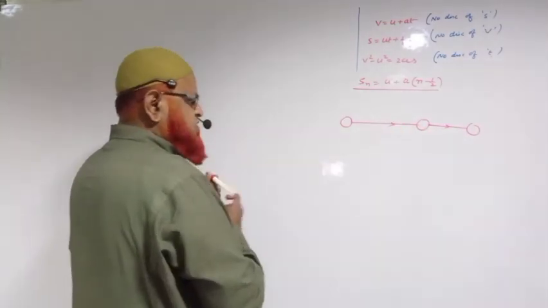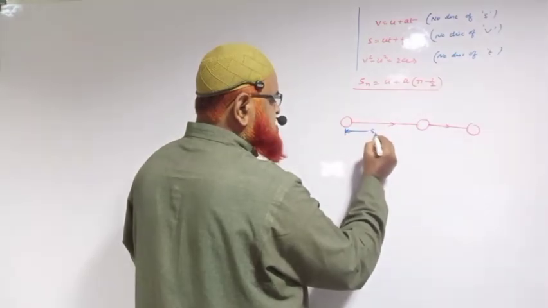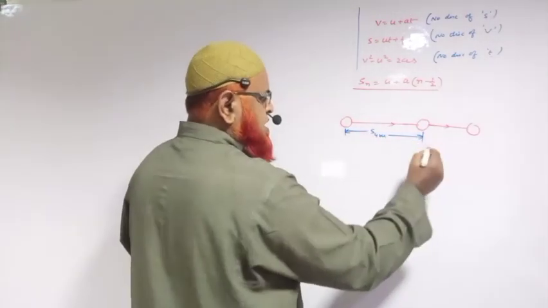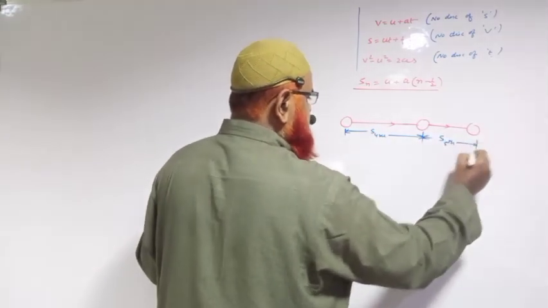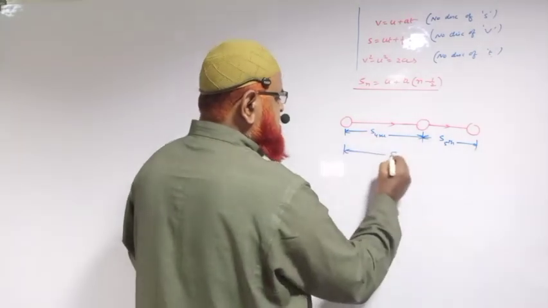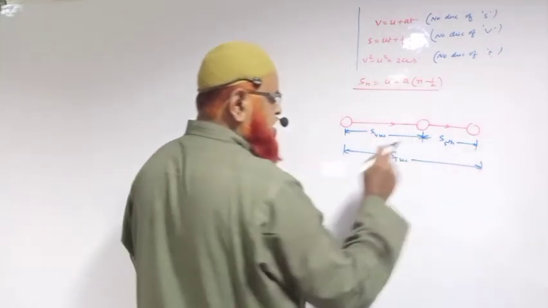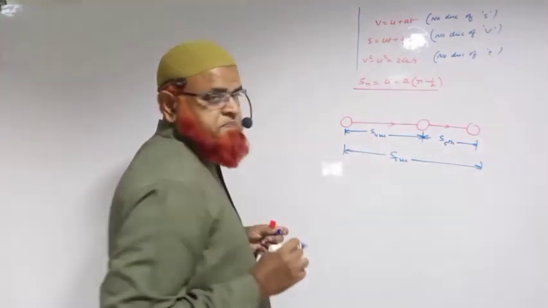In the first case, a body travels from here to here; that is the displacement traveled in 4 seconds. Next, this is the displacement traveled in the 5th second. And from here to here is the displacement traveled in 5 seconds. So 4 seconds, 5 seconds, and this is the 5th second.